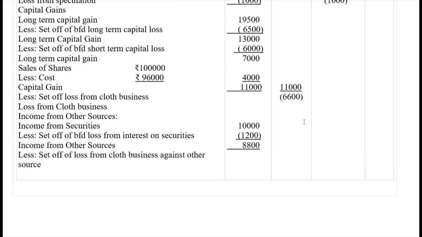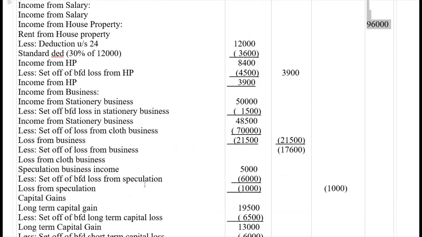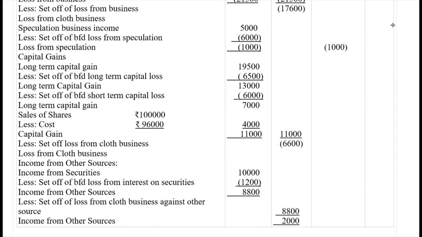So there will be 2,000 rupees. This is income from other sources remaining, which shall be taken to the GTI column. So that is 2,000 here.